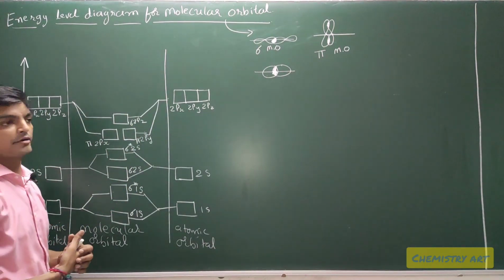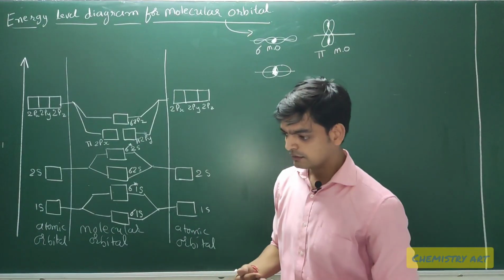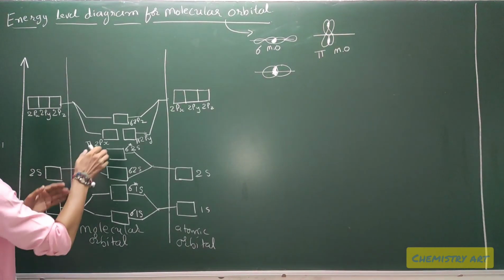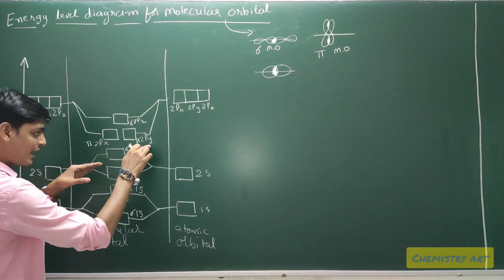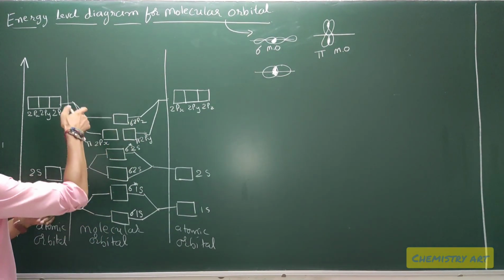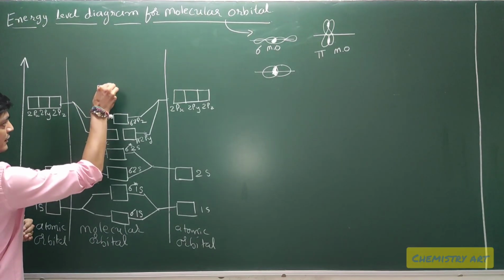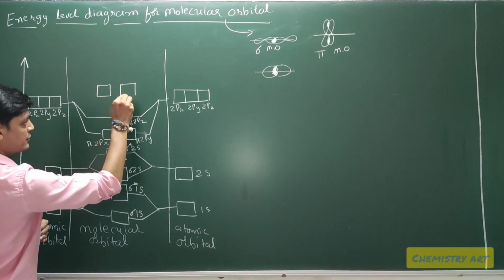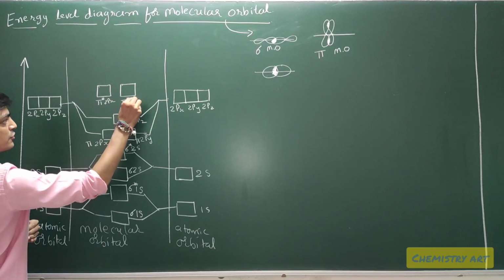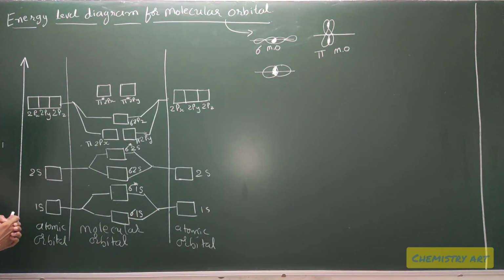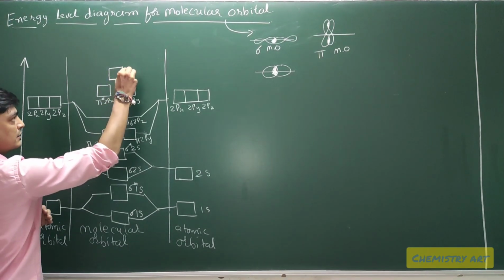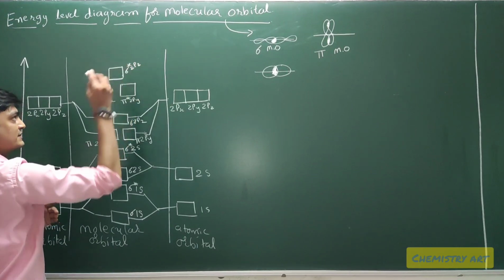Now the other three molecular orbitals will be anti-bonding, and here the order of energy will be the same way: the 2px and 2py ones have the same energy, and less energy than 2pz. So first of all I will draw here pi star 2px and pi star 2py, because of anti-bonding, and then sigma star 2pz.